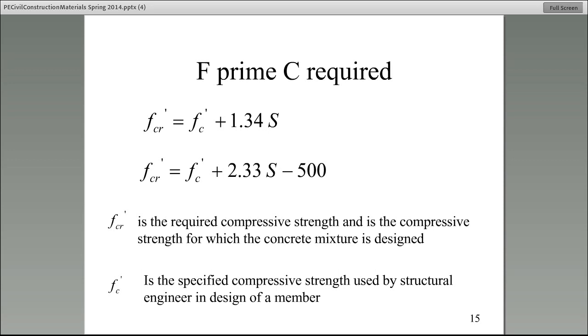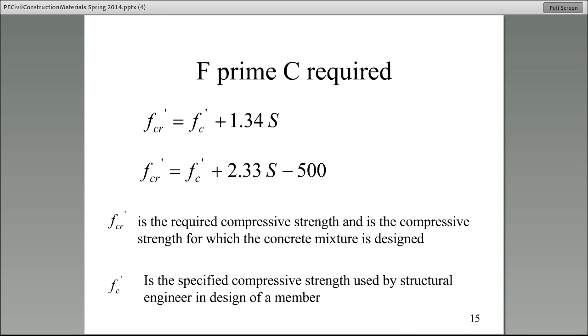Now, Elizabeth gets to a point where she will have to call a concrete producer, concrete supplier, to actually deliver that concrete to her job site. Now, this is something I want you to understand, all of you, and this is very important. When she calls to order the concrete, will she ask for 4,500 PSI? Will the concrete delivered to the job site be designed, the mixture, would that be designed to have 4,500 PSI concrete?